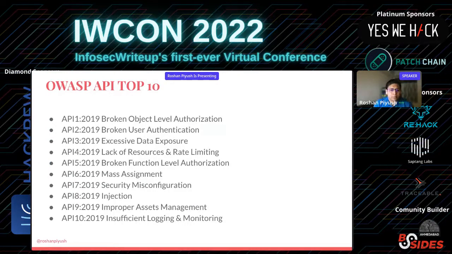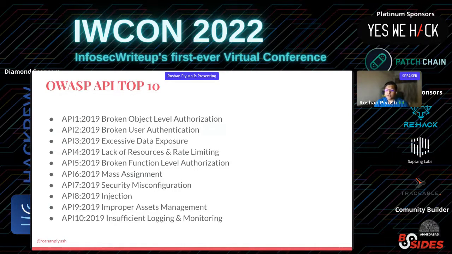So we have seen broken object level authorization. Broken user authentication is also very similar. It's just not on the authorization part, but on the authentication, very clear. It means there are problems around authentication, session management and so on. Excessive data exposure means you're giving too much information than what is needed from the APIs. And lack of resources and rate limiting is very clear in its own terms.